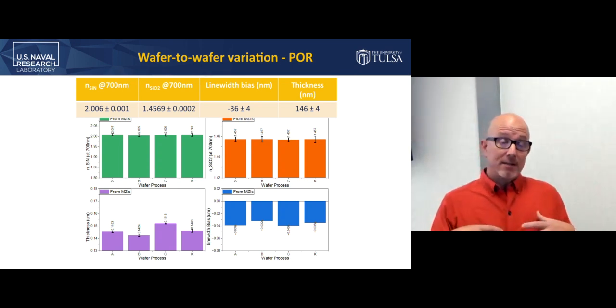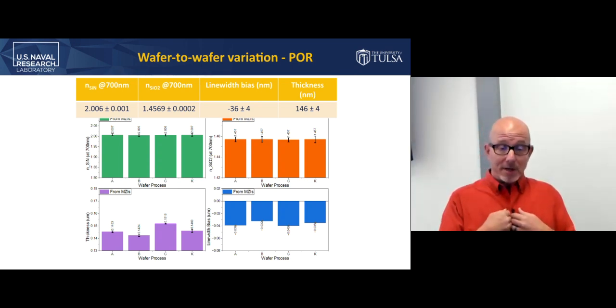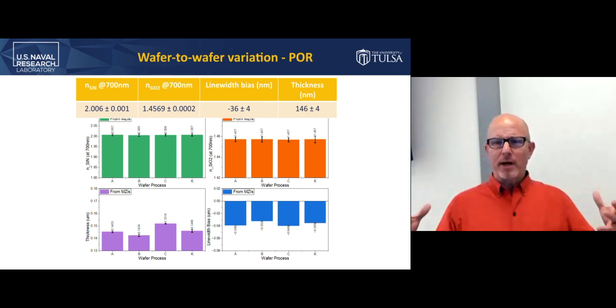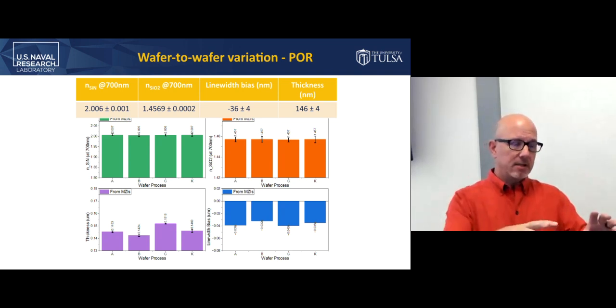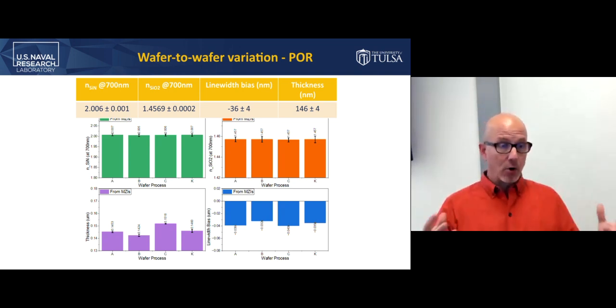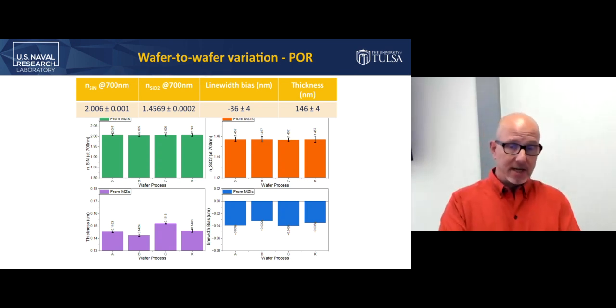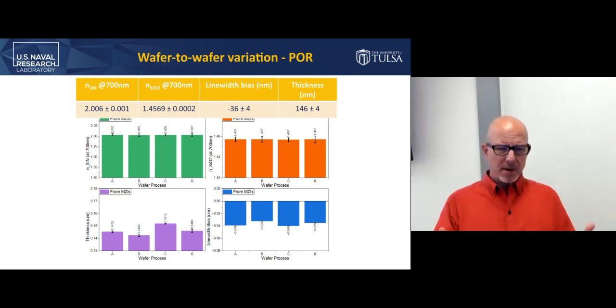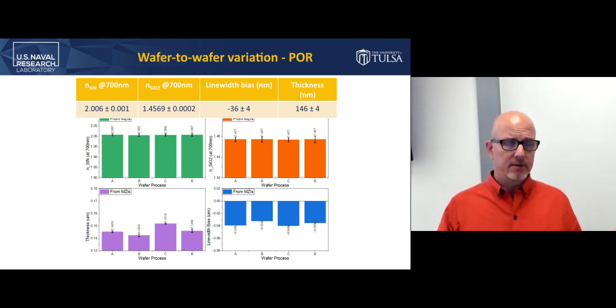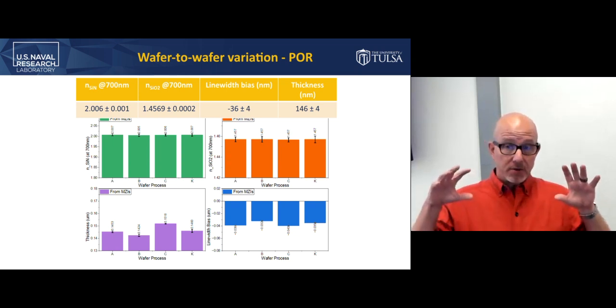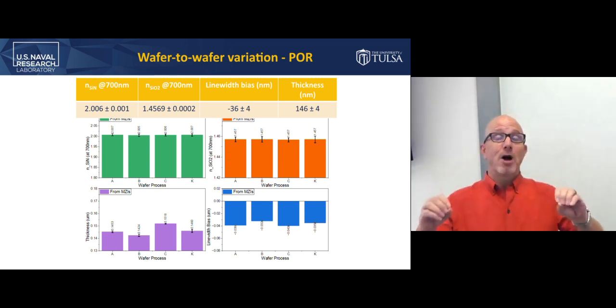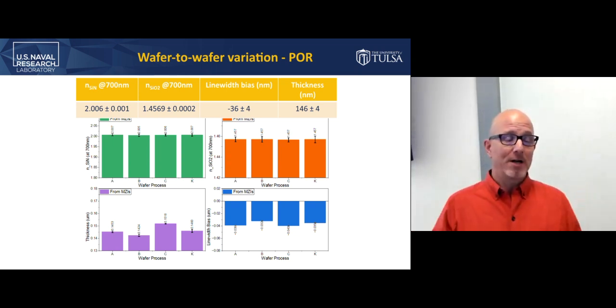This is exactly what we would expect from knowing the process. The silicon nitride and silicon dioxide are grown by known techniques, LPCVD and PECVD, both chemical vapor deposition processes, so the material index should be pretty rock solid from one run to the other.